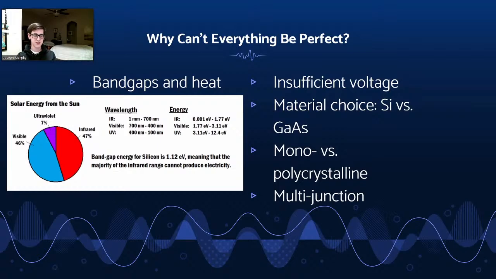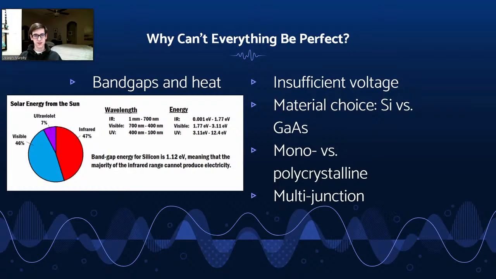We also have the option of using cells with multiple p-n junctions. The idea is that if you have multiple, photons that don't get absorbed by the first junction get absorbed by the second, or the third, or whatever.